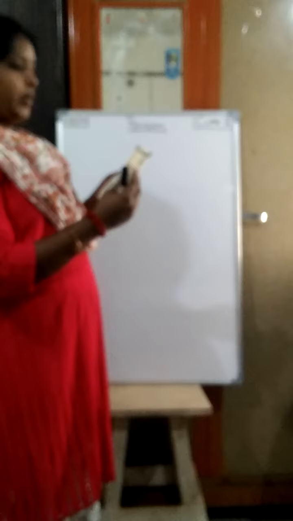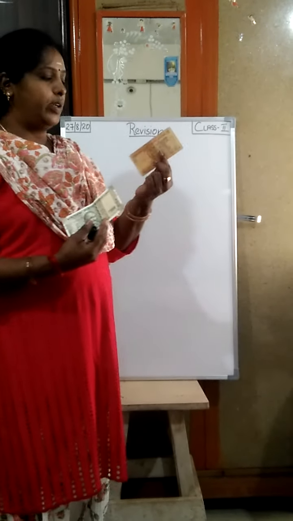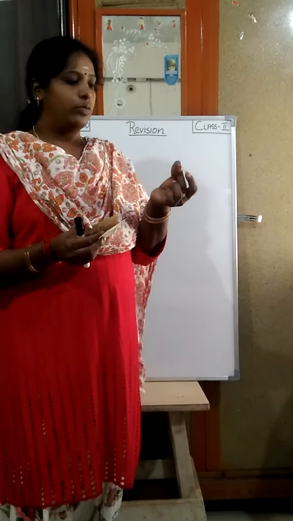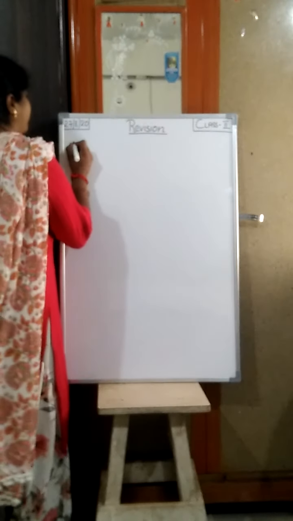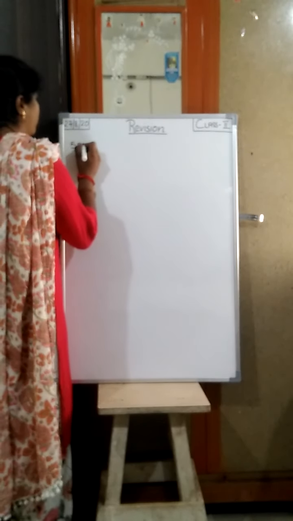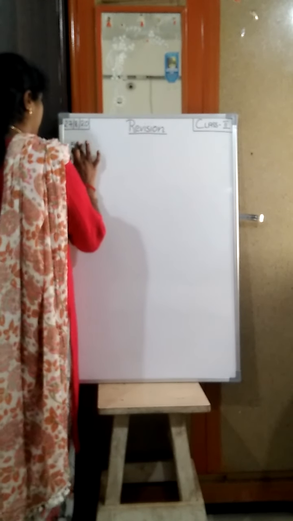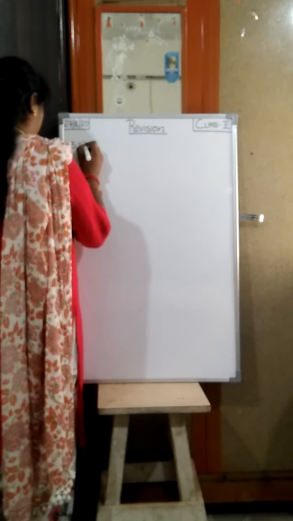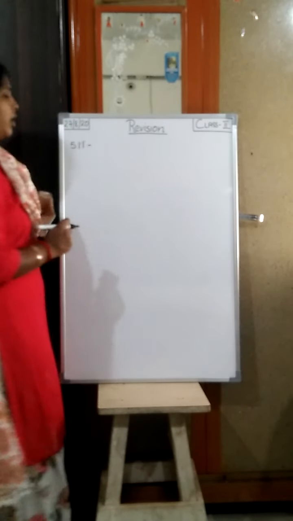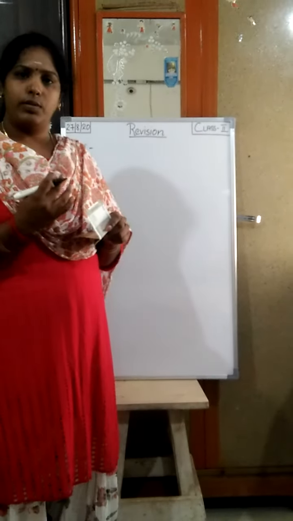Okay, now see, I am having one 500 note, one 10 rupees note and one 1 rupee coin. So we will be writing 511. So how will we write the number names?